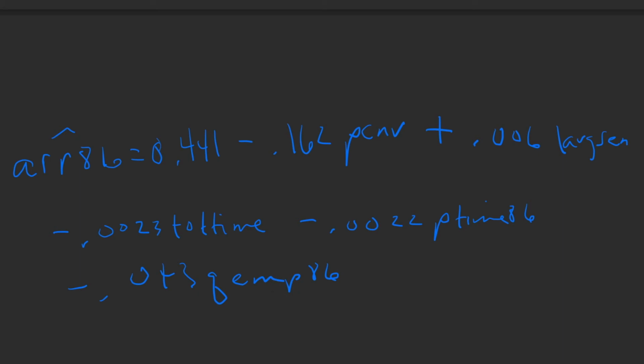Looking at just the intercept, 0.441, we see that the predicted probability of arrest for someone who has not been convicted, so there's no sentence and no time spent in prison, so all of these variables in the first 2 rows go to 0, and also not been employed for a whole year, is 0.441. So if all the variables are equal to 0, then the probability that the person has been arrested is 0.441.